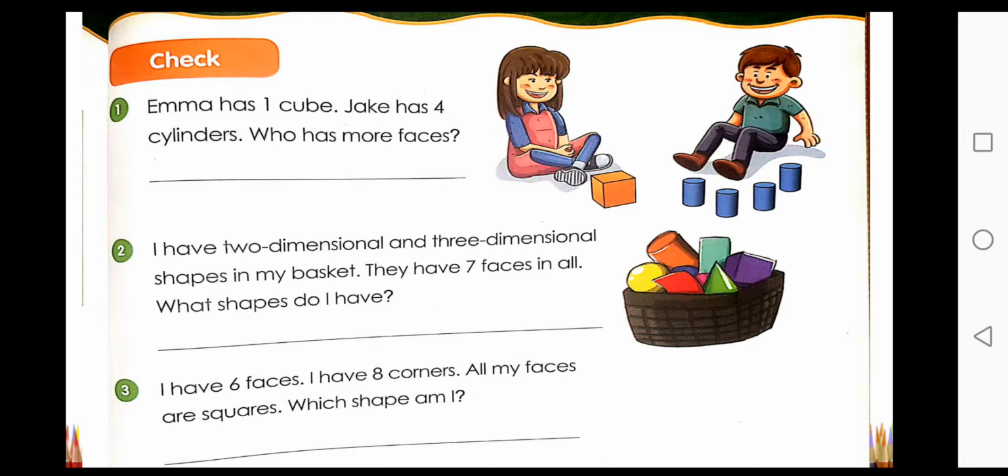So, who has more faces, Emma or Jake? Again, a cube has 6 faces and Emma has only 1 cube. Whereas each cylinder has 3 faces and Jake has 4 cylinders.